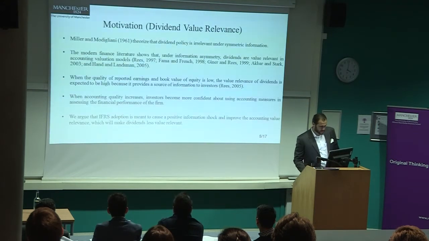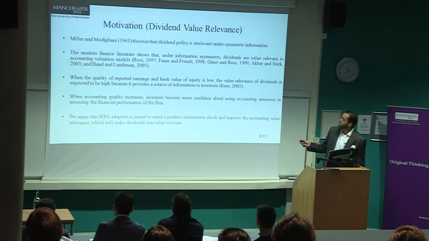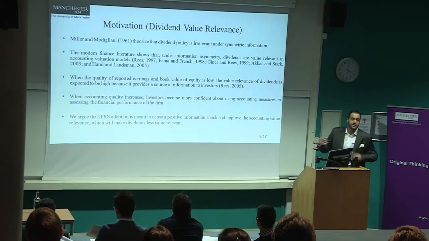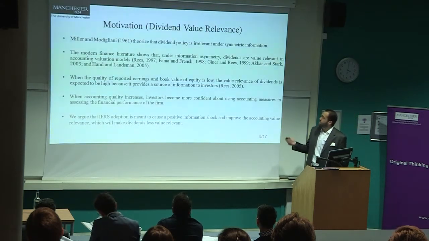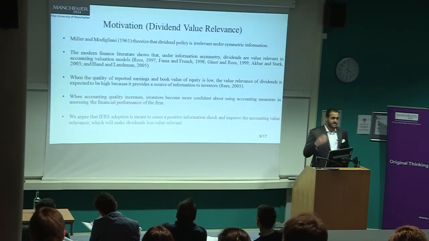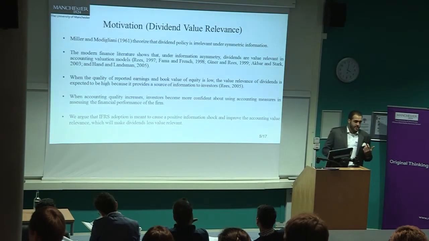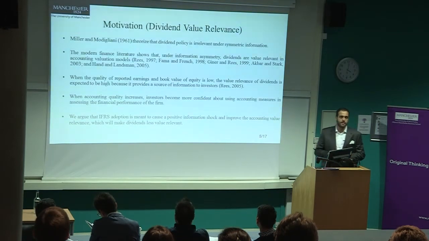As for the second main hypothesis, actually it's the third, but the second concept, the value relevance of dividends. When information asymmetry is very high, investors, outsiders, try to capture signals from the firm.